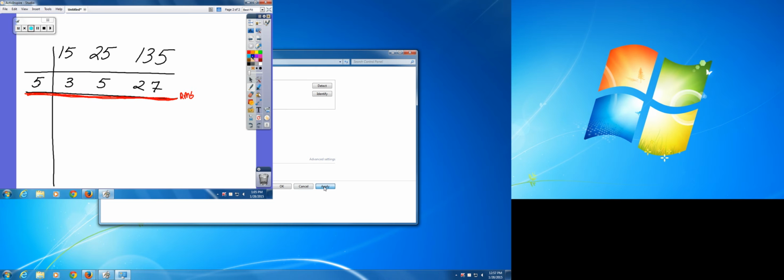So I'm going to take my blue pen and divide by 3. And that's going to give me a 1. That's going to come down. And that's going to give me a 9. 5. That comes down. 1. And that comes down. Now you can either put a 3 squared here or you can put 2 3s here. I really don't care.